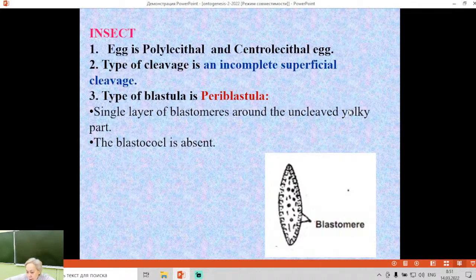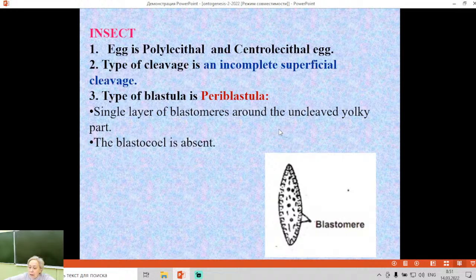The cytoplasm with yolk does not divide, and only the nucleus divides. Parts of the nucleus migrate to the surface of the yolk, and from the cytoplasm without yolk a lot of small cells form.